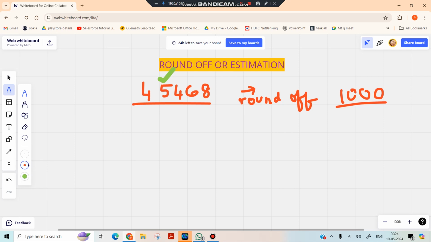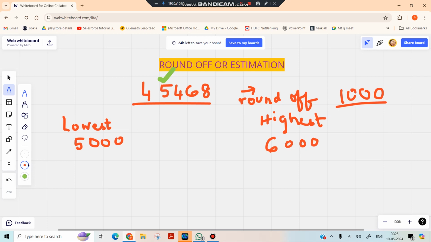So our lowest thousand will be simply 5,000. And our highest or greater thousand will be the next thousand. So what is the next thousand after 5,000? Yes, it is 6,000.